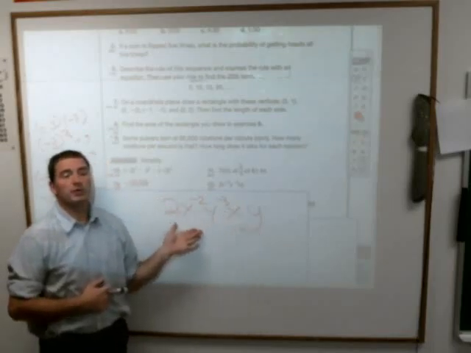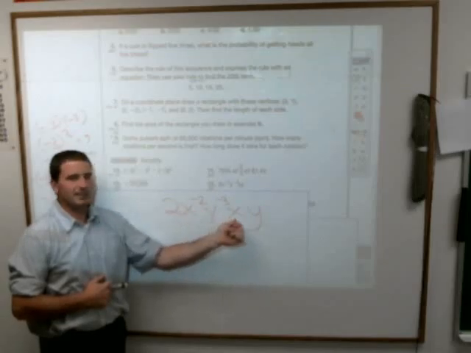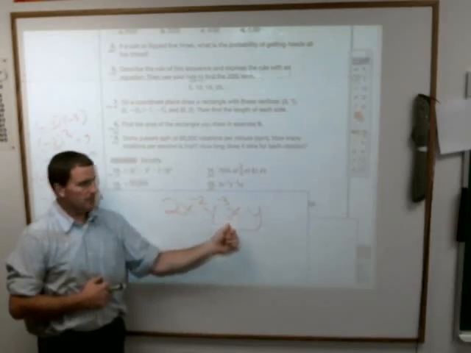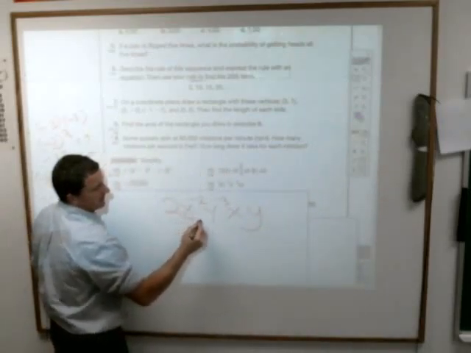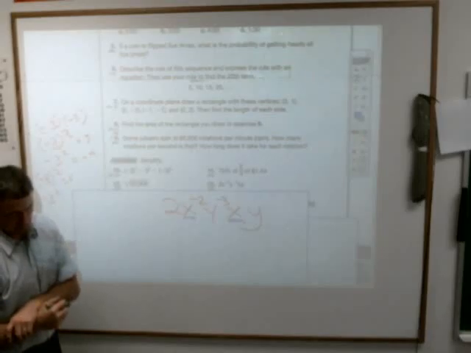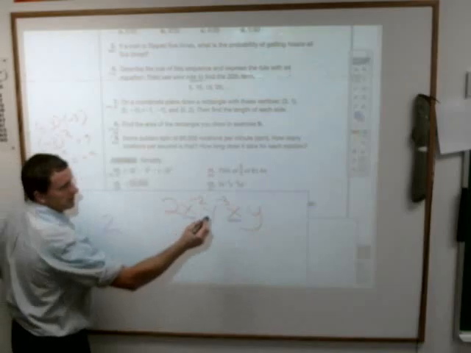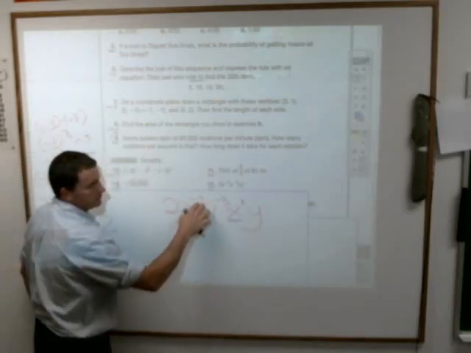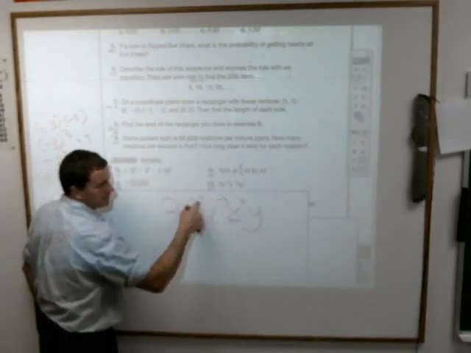Well, first of all, this is only one term. You multiply the same letters together first, which means I need to multiply x to the negative 2 times x, which gives me, there's a 1 here, negative 2 plus 1, because when you multiply like bases together, you add their exponents.